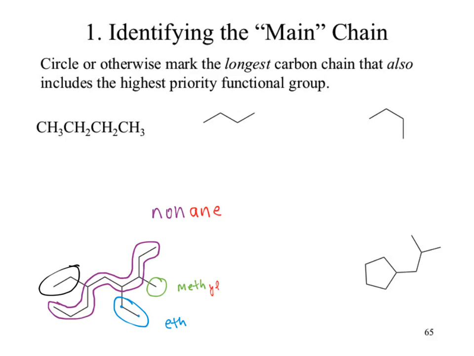Because it is a substituent, ethyl. Black one. 2 carbons, so ethyl. Now I could try and put this name together. Ethyl comes before methyl. So I want my ethyls coming first.